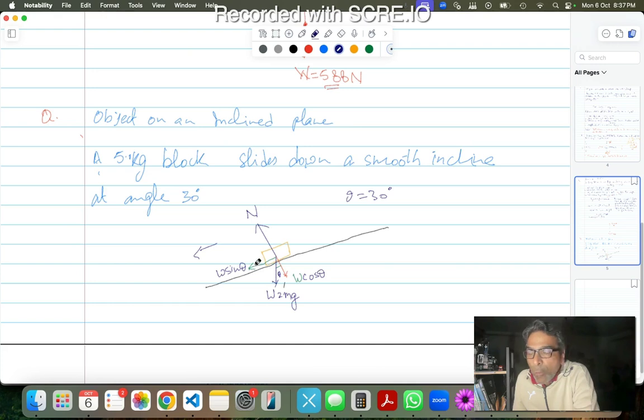Need to be same. Read the question first, right? If it says calculate the sliding force, that means we have to calculate W sine theta. Anyway, if it's asking what will be the minimum friction force we need so that the block stays on the slope, what friction does it have to make the block stationary, right?